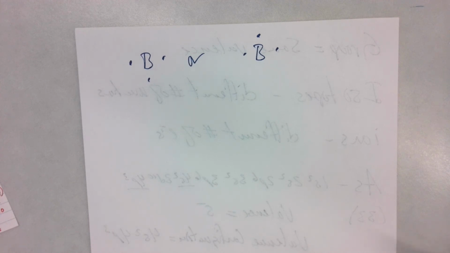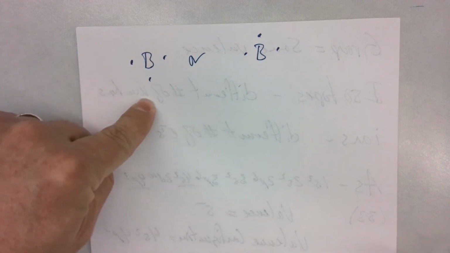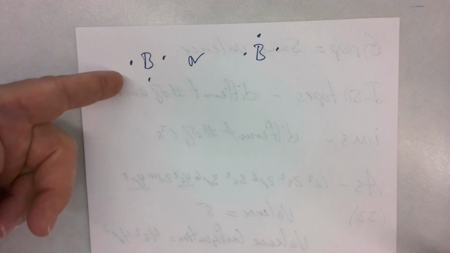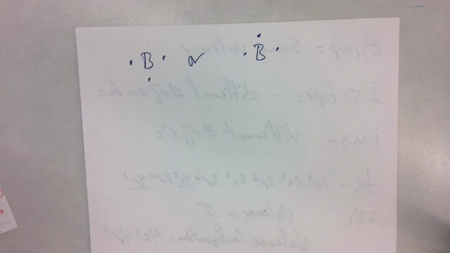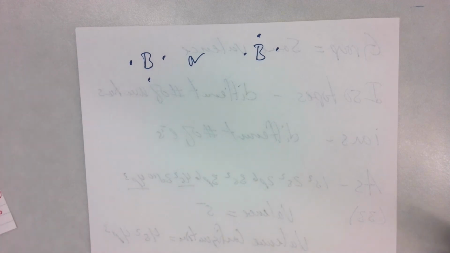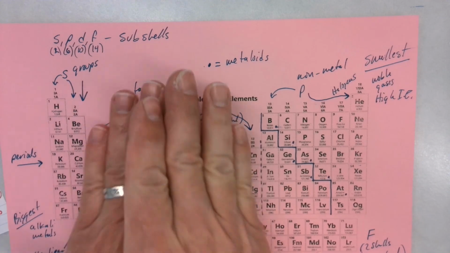What would its Lewis dot look like? It would look the exact same because they have the same valence. I would just have written Ga instead of B. Everything in that group is going to look the same. Does that make sense?